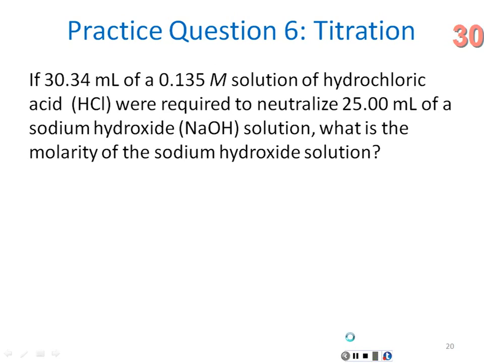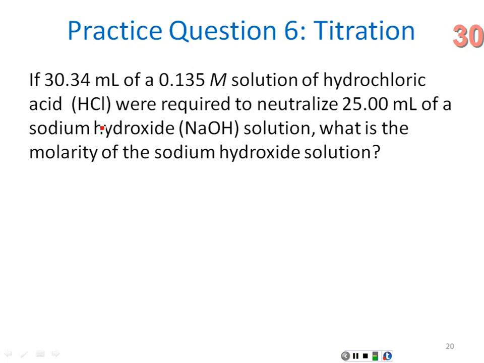So the best thing to do for a question like this, a word question, where you're not given the chemical equation, the best thing to start with is writing the chemical equation.